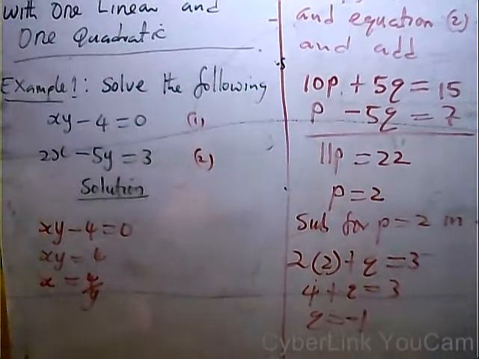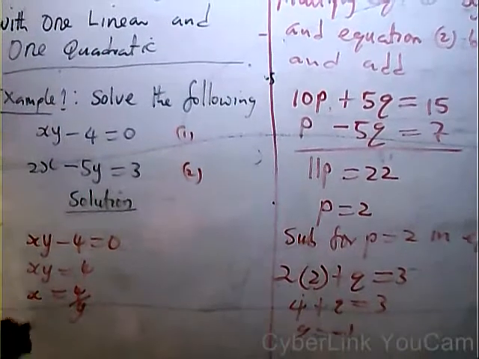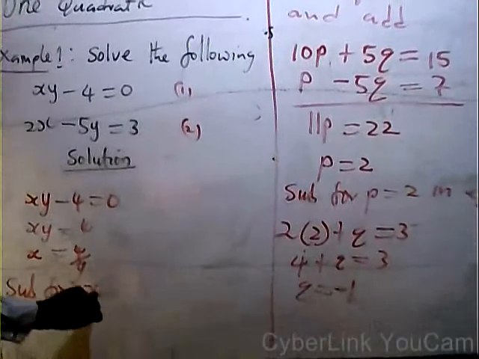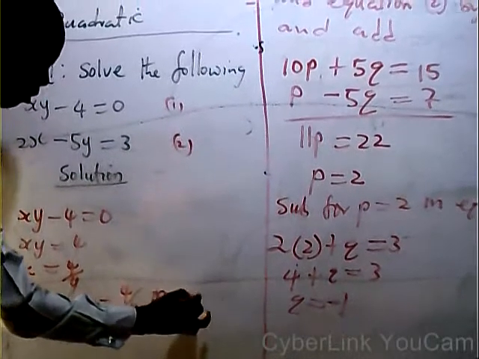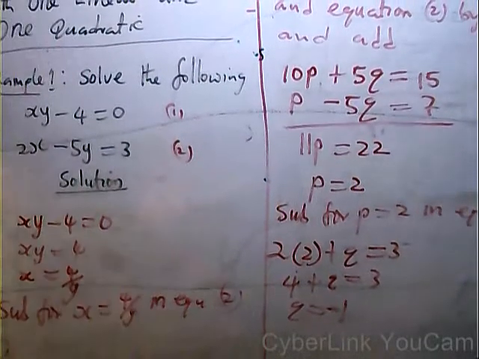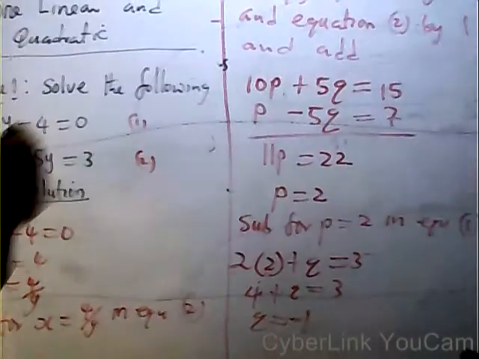So I will now substitute for x in equation 2. I will say solve for x equal to 4 over y in equation 2. So that's what I'm going to do.